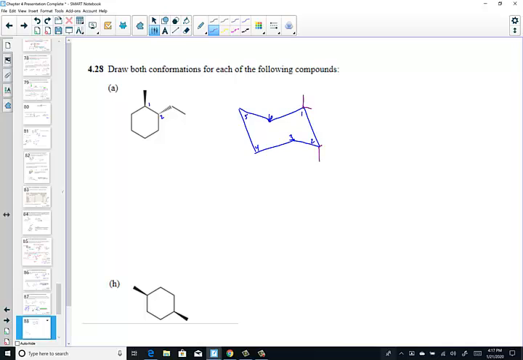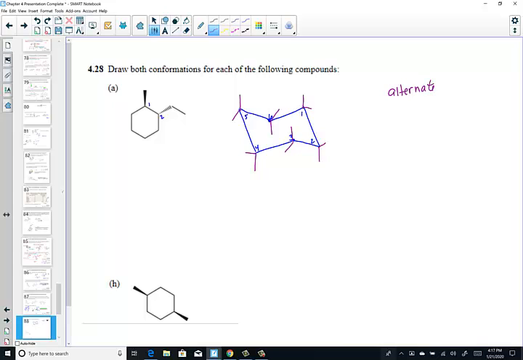Flagpole down, equatorial up. Flagpole up, equatorial down. See how we're just alternating? Flagpole down, equatorial up. Flagpole up, equatorial down. Flagpole down, equatorial up. You just alternate as you go around the circle.